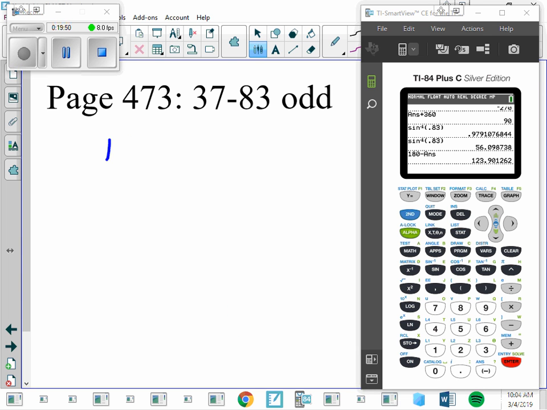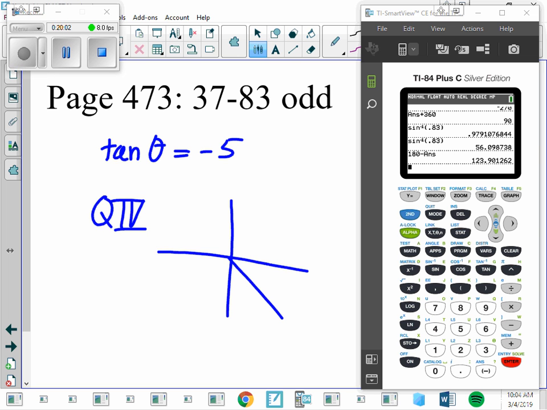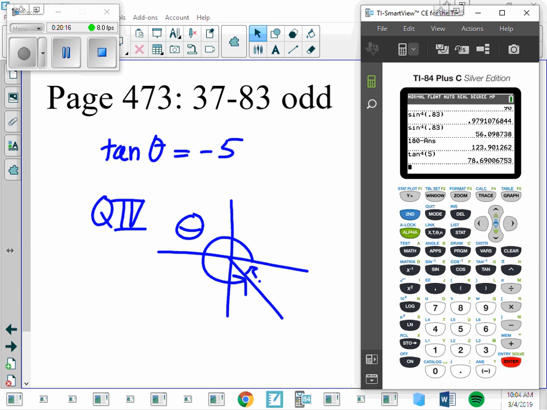What if the tangent of theta equals -5 and I am in quadrant 4? So I draw my angle in quadrant 4. This is theta. Here's my reference angle. So I take the inverse tangent of 5, and I get 78.69.